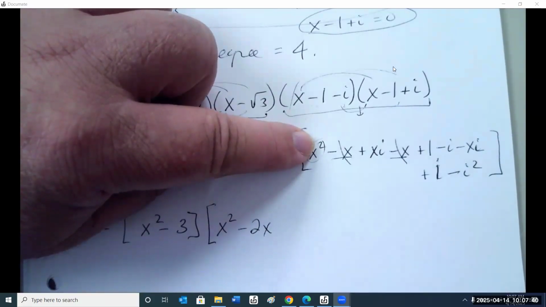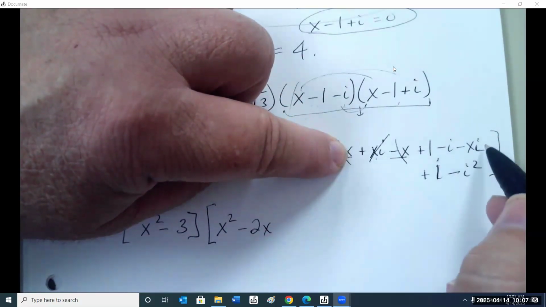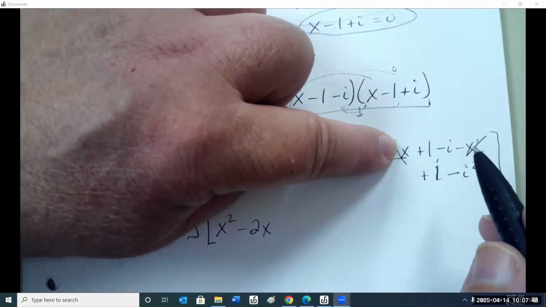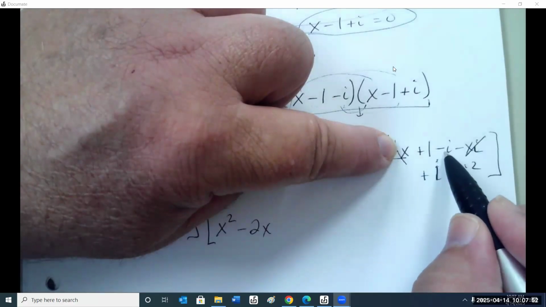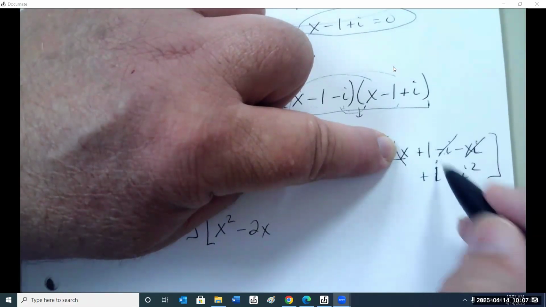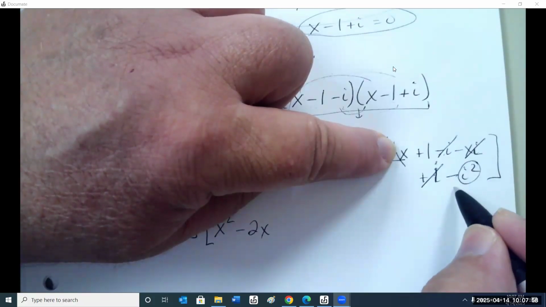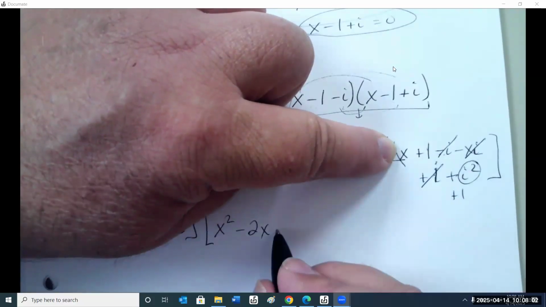Positive xi, negative xi, those cancel. Negative i, positive i, those cancel. This becomes a positive 1. 1 plus 1 is 2.